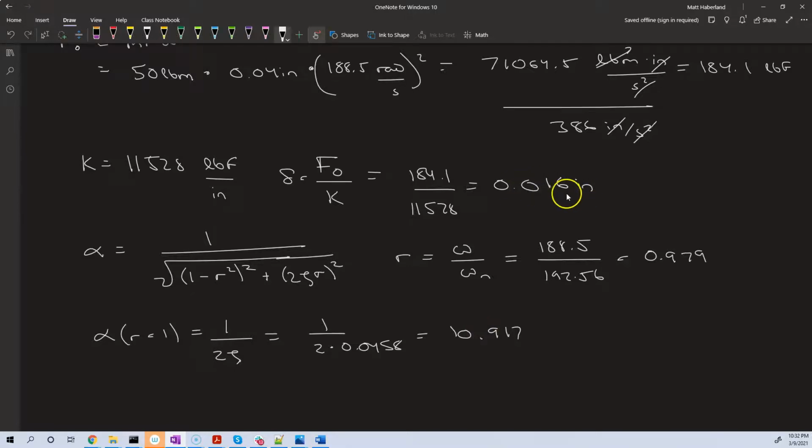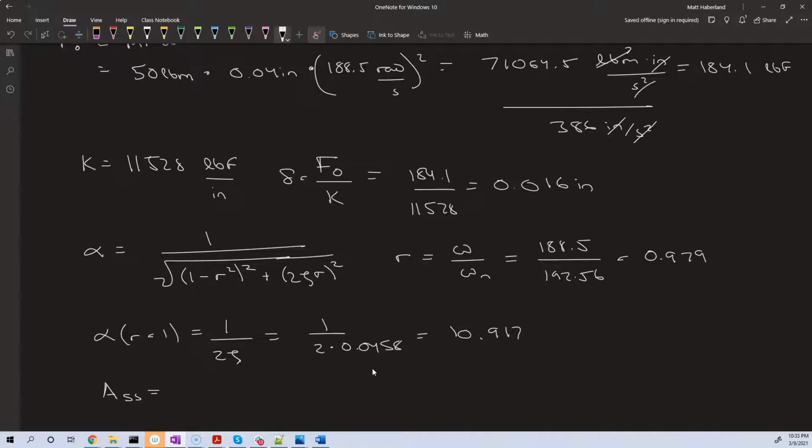So whatever this number is, our actual deflection that we see, the amplitude in steady state after a long time. When you first start up the fan, you're going to have some transient behavior that dies down over time. It doesn't matter what the initial conditions were.